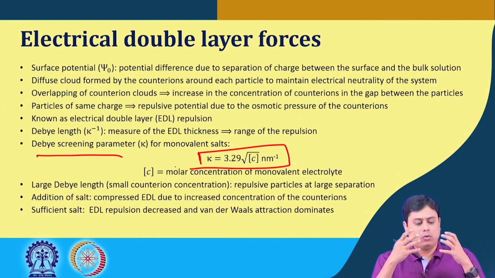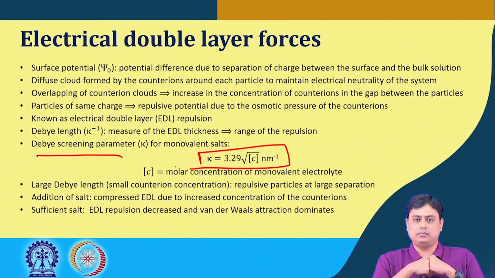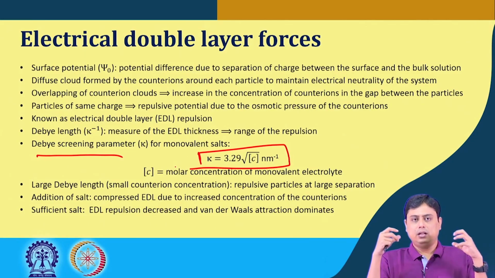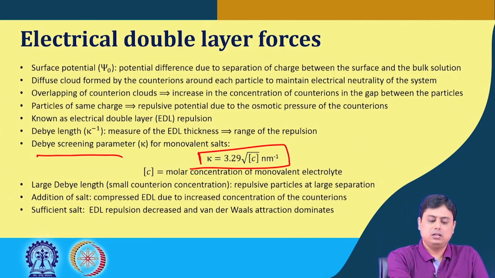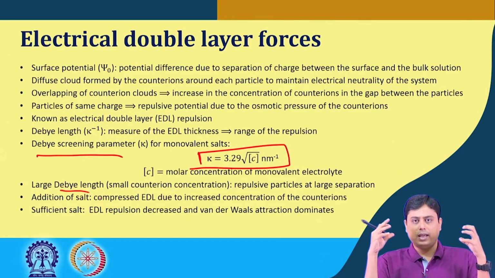Once a sufficient amount of salt is added, this electrical double layer repulsion decreases and the van der Waals interaction becomes dominant. So the concept here is that when the Debye length is large, which means we have a small concentration of counter ions around the particles, they are repulsive at a larger distance.